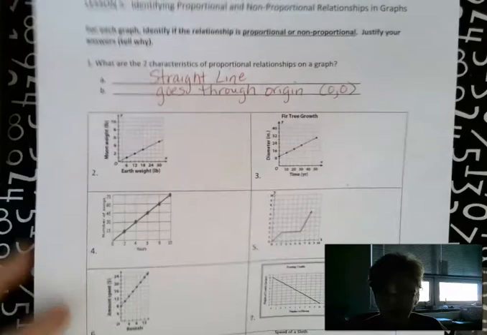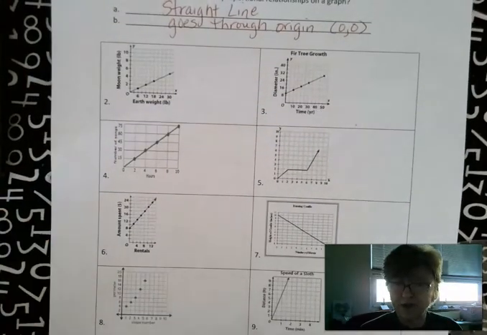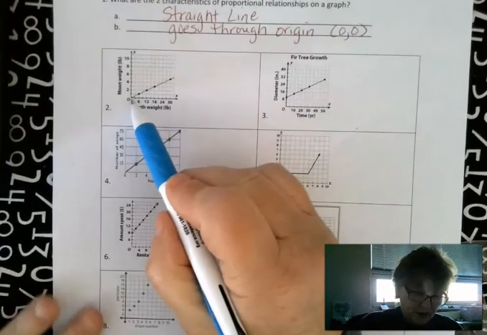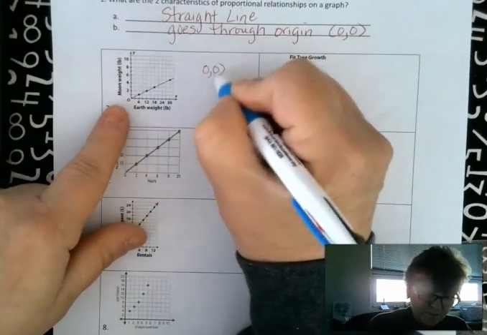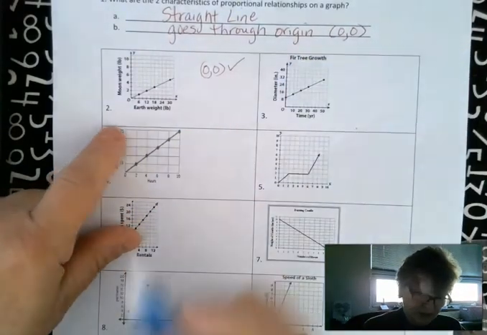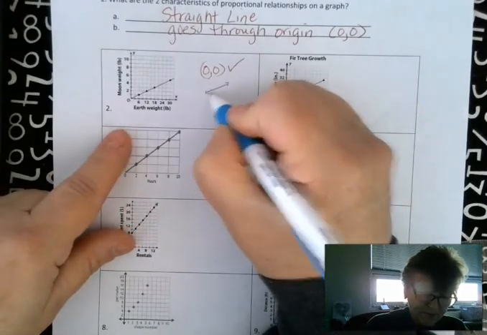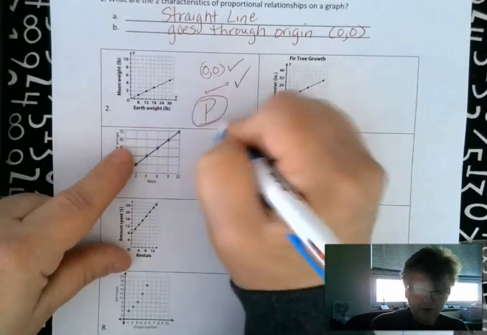Let's just do a very quick look at these different graphs and determine if they're proportional or not proportional by looking at them. First, 0, 0. Yep, we have the origin. Is it a straight line? Yes. So that means it is proportional.